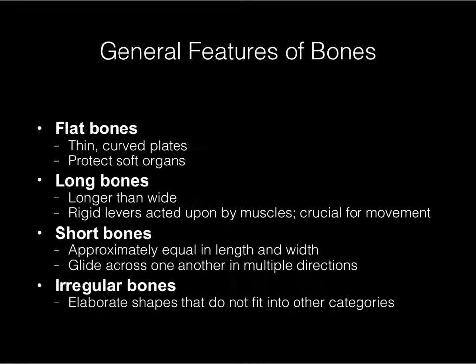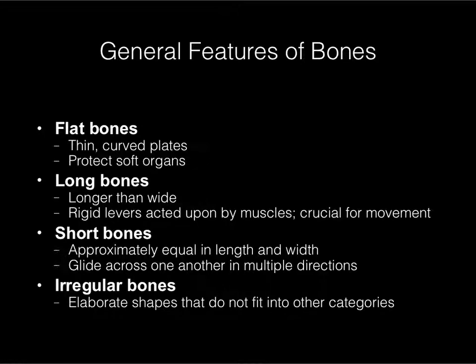There are four general categories of bones: flat bones, long bones, short bones, and irregular bones. Flat bones usually are flat, though they're also often curved, and they usually serve a protective feature.